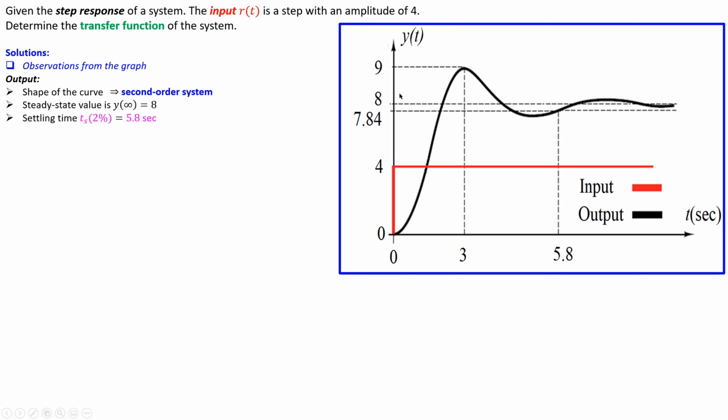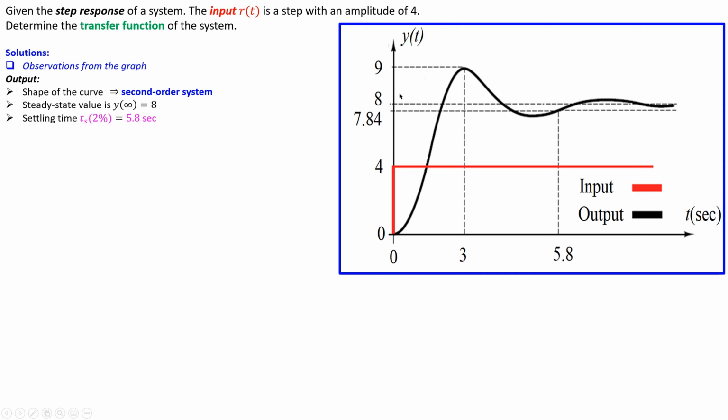I have seen from this plot that if I go 2% down, that will be 7.84, and that is the first time I am in this error region, and I will also stay in that region. So that will be our 5.8 seconds.